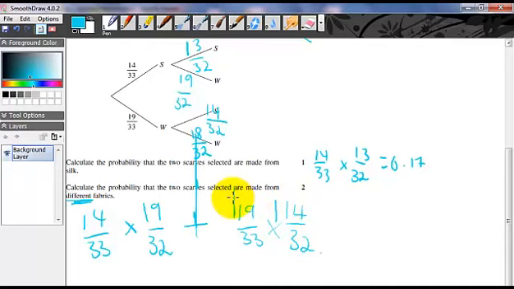Do you get that? Wool, silk. Silk, wool. Cool? And then you just got to plug that into your calculator, like I said, and you get an answer. 14 out of 33 times 19 out of 32, plus 19 out of 33 times 14 out of 32. It's 0.5.